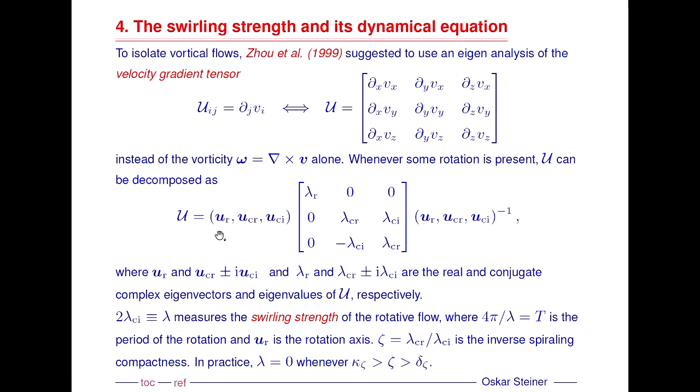The real eigenvector would be the rotation axis, and the complex part of the complex conjugated eigenvalue tells you about the degree of rotation. And actually, as the swirling strength, we define 2 times the complex part of the complex conjugated eigenvalue. Why do we take this factor 2? Because then the vorticity and the swirling strength are identical in the case of rigid rotation.